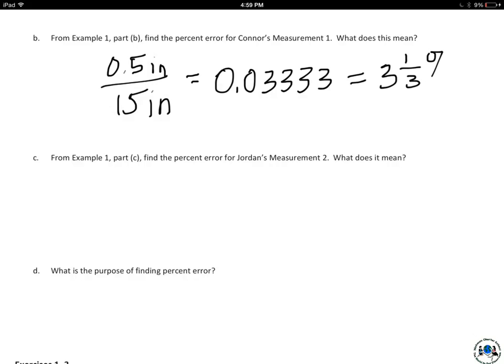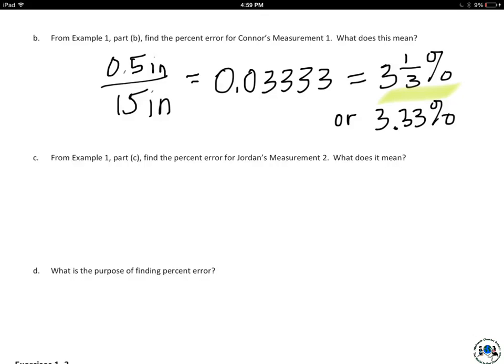That is going to boil down to either 3 1/3%, which is probably the preferable way to express this percentage, or 3.33%. But again, for our purposes here in this pre-algebra class, I'd like you to default to the fractional version, if you would.